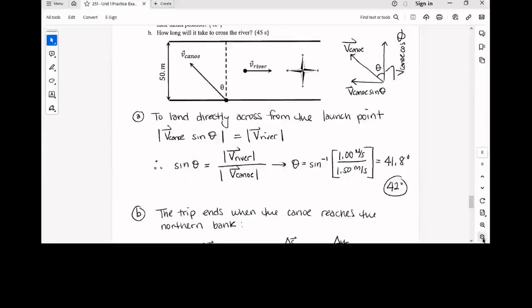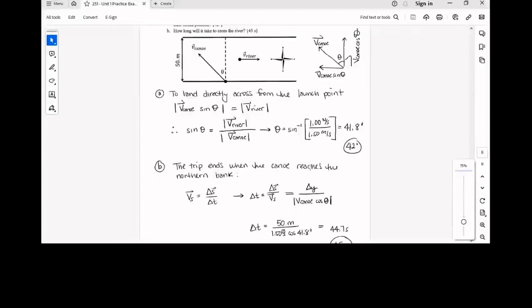To determine the amount of time that it takes for this trip to complete, you just need to figure out what the time interval is for this 50-meter distance if the velocity is equal to v canoe cosine theta. So we know what theta is now. So v canoe cosine theta is just going to be 1.5 meters per second times the cosine of 41.8 degrees.